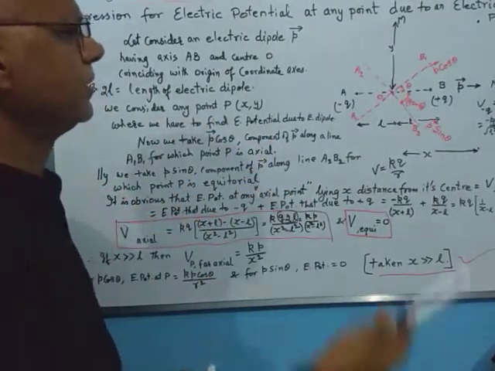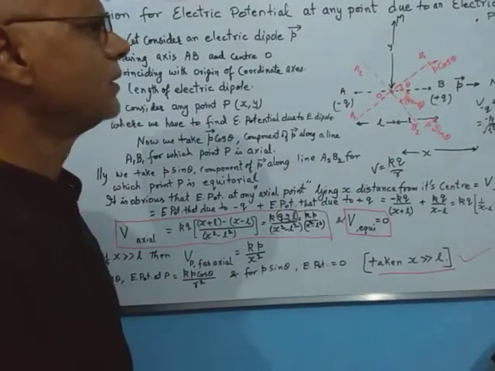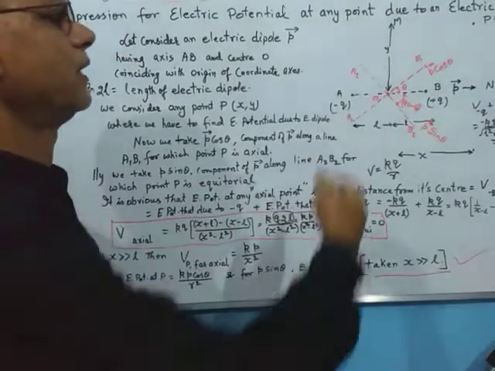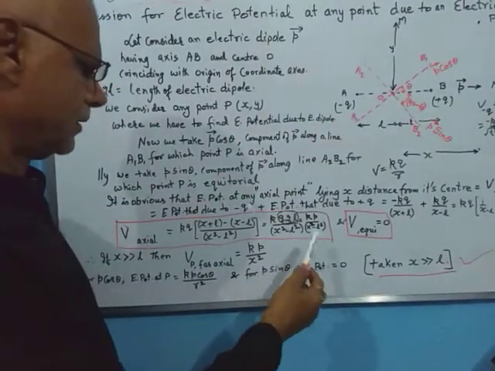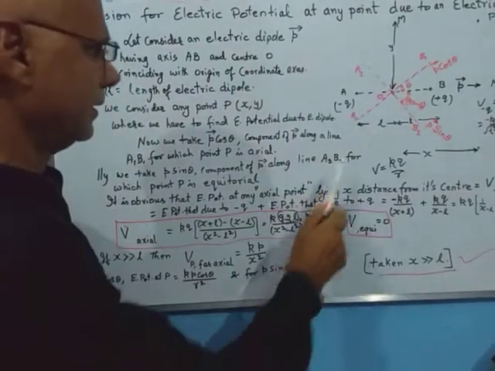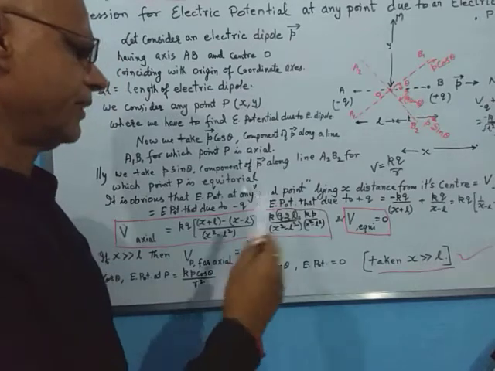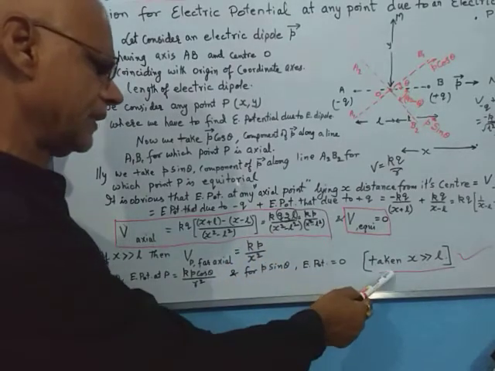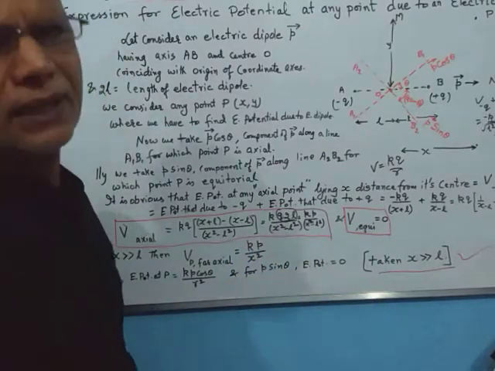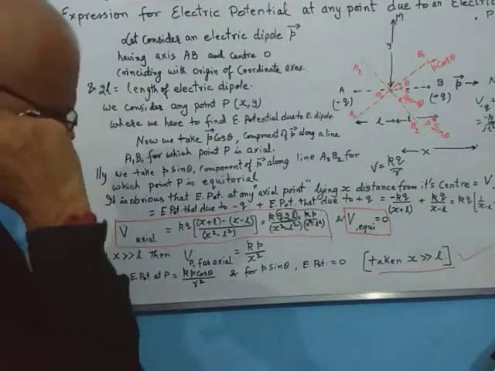If this distance is already negligible, then in general that point will always be much farther than half the length of the dipole. So this situation always remains true for all practical reasons.